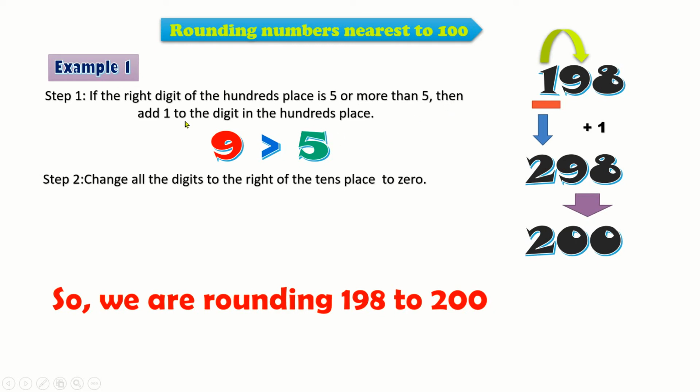Then add 1 to the digit in the hundreds place. So we are adding 1 plus 1. So the number becomes 2. Step 2. Change all the digits to the right of the hundreds place to 0. So now we are changing 9 and 8 to 0. So we are rounding 198 to 200.